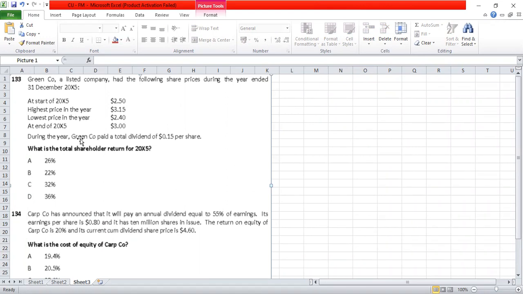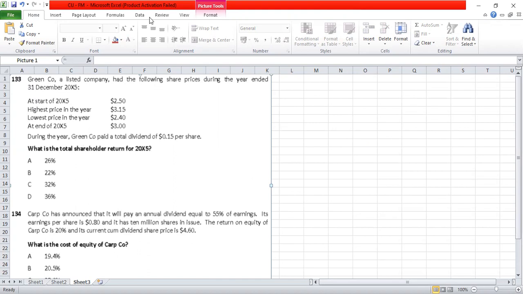At start of 20x5, 2.5. The highest price in the year is 3.15. Lowest price in the year is 2.40. At end of 20x5, $3. During the year, Green Company paid a total dividend of 0.15 per share.